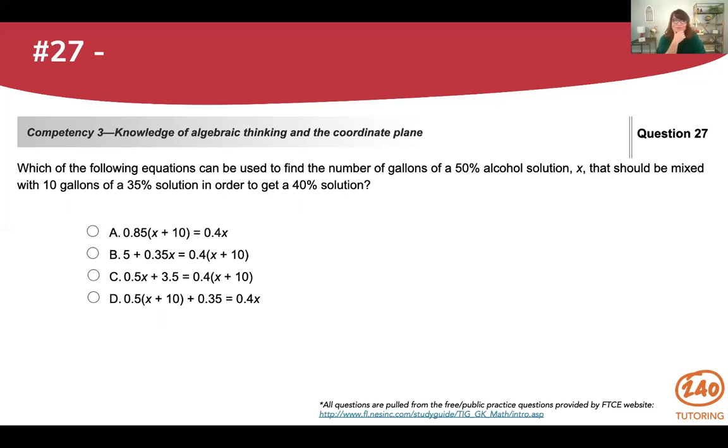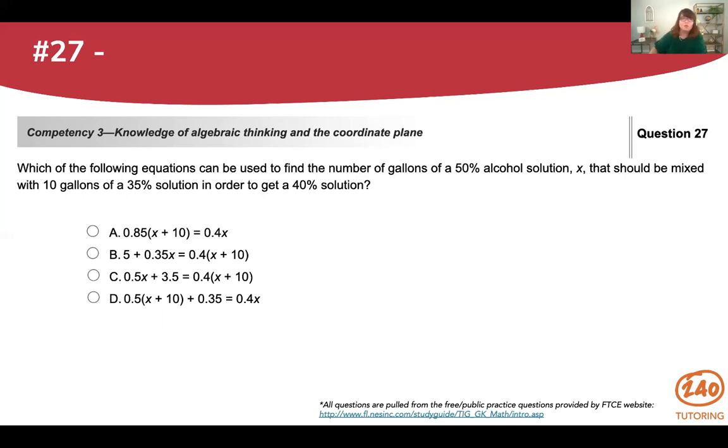All right, it says, which of the following equations can be used to find the number of gallons of a 50% alcohol solution, X, that should be mixed with 10 gallons of a 30% solution in order to get a 40% solution. Okay, so the first thing I had to figure out was, what in the world is all this talking about?